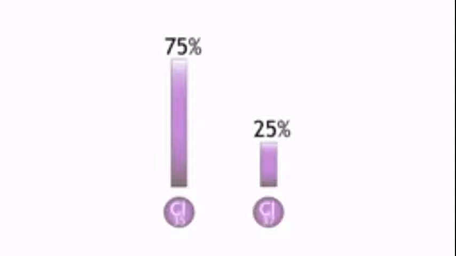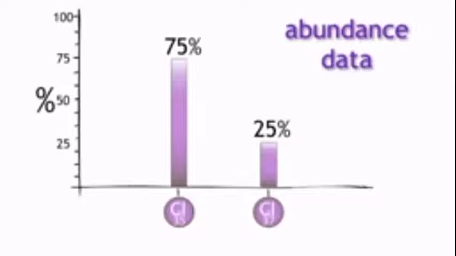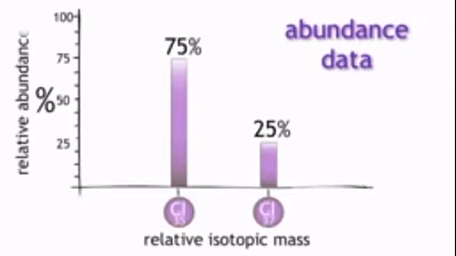Naturally occurring chlorine is made up of 75% chlorine 35 and 25% chlorine 37. This can be shown on a graph of abundance data, where the relative isotopic mass is shown along the x-axis and the relative abundance is shown on the y-axis.